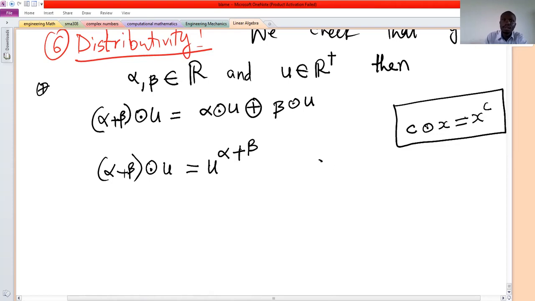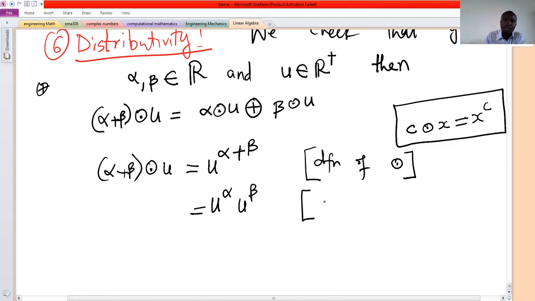This is the definition of this type of multiplication specifically for this set. And then by law of indices, u raised to the power alpha plus beta is the same as u raised to the power alpha times u raised to the power beta. This is law of indices.